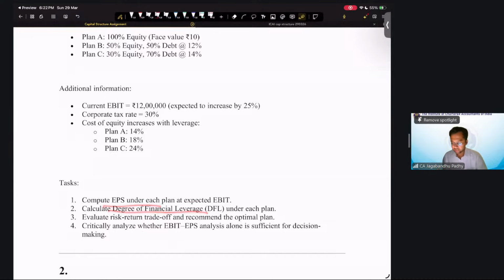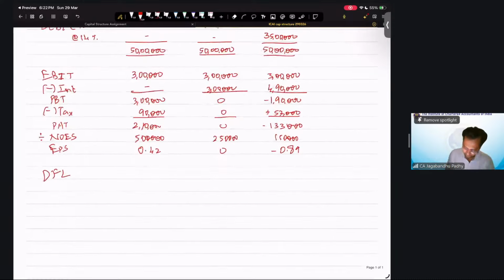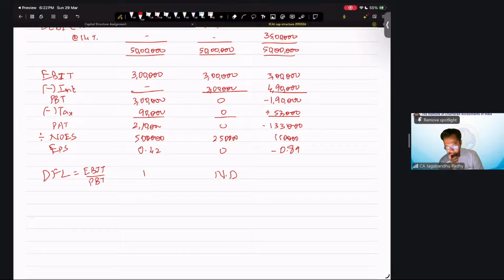Calculate the degree of financial leverage. What's the formula for degree of financial leverage? That's EBIT upon PBT. Here it is 1. Now, this is something you say as not defined financial leverage. And then on the other side, 3 lakh divided by 1 lakh 90,000, so it is going to be minus 1.57.